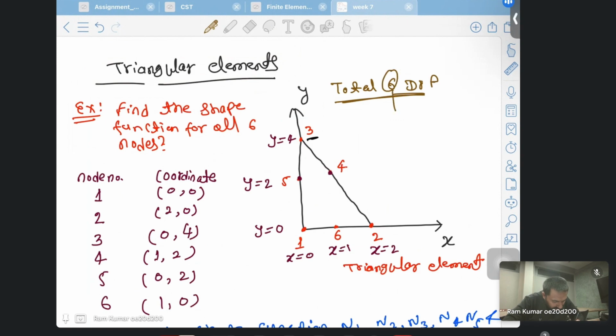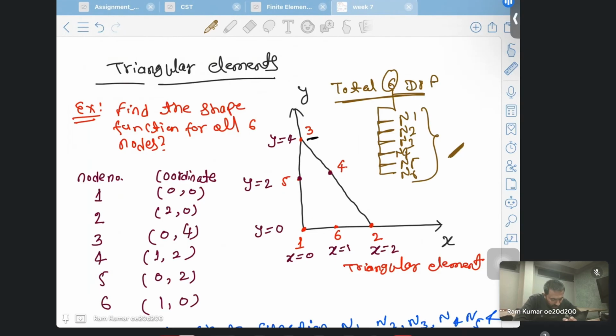So we will have 6 shape functions: N1, N2, N3, N4, N5, N6. In total we have to find 6 shape functions.